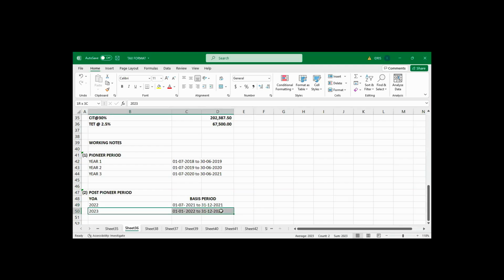Third year of assessment of the post-pioneer period. That is 2024 year of assessment. What will be the basis period? 1st January 2023 to 31st December 2023.